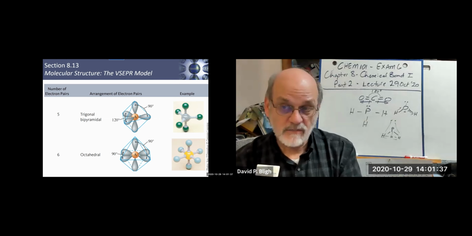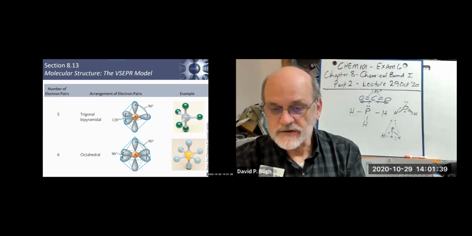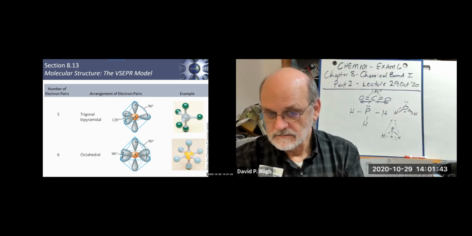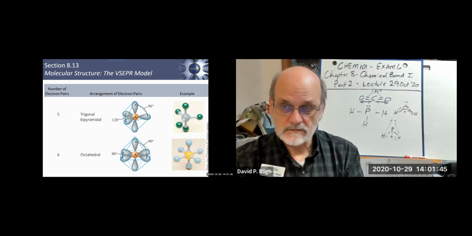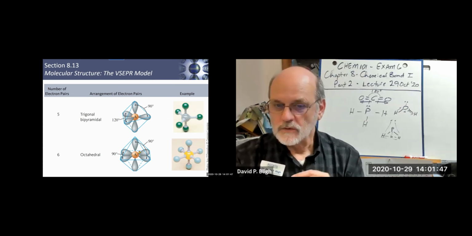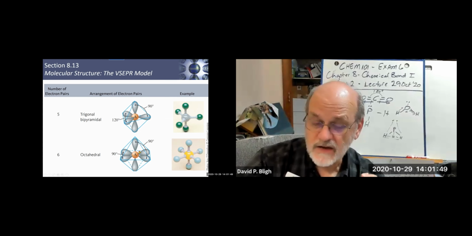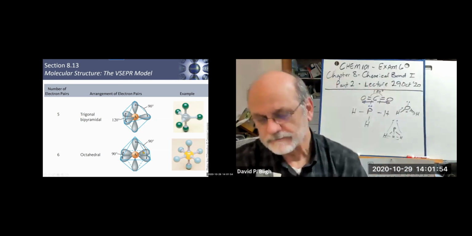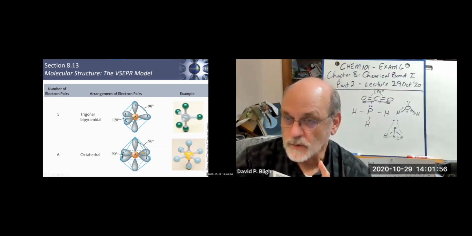That's not actually the molecule, because the molecule is made up of a central atom and lone pairs and bonding pairs. So any angles that you think are associated with the octahedron from your days in geometry are not the angles that we're interested in.